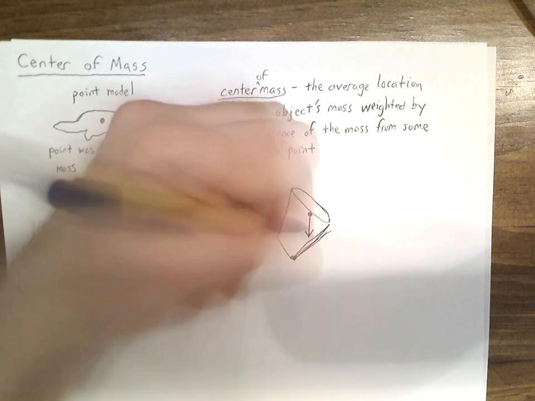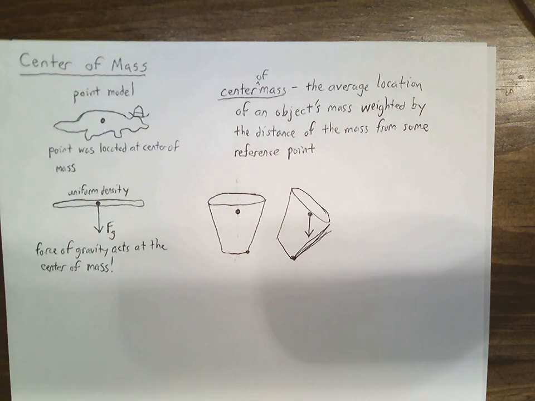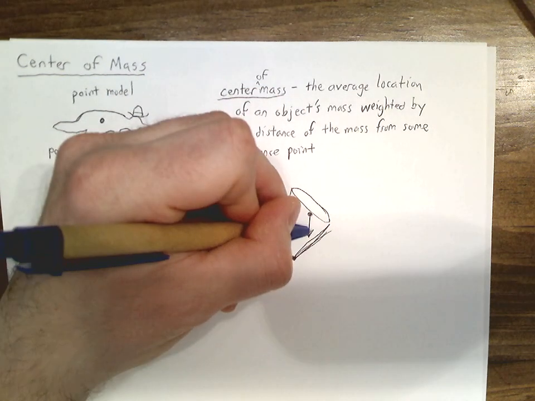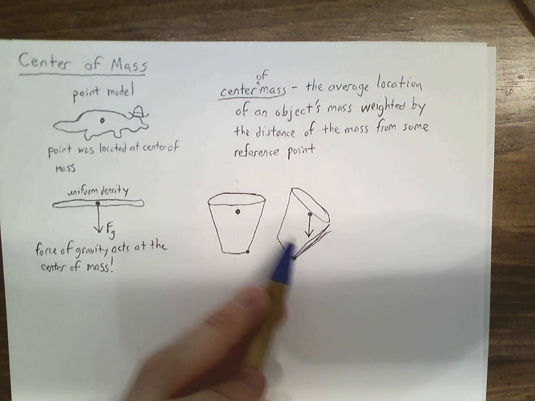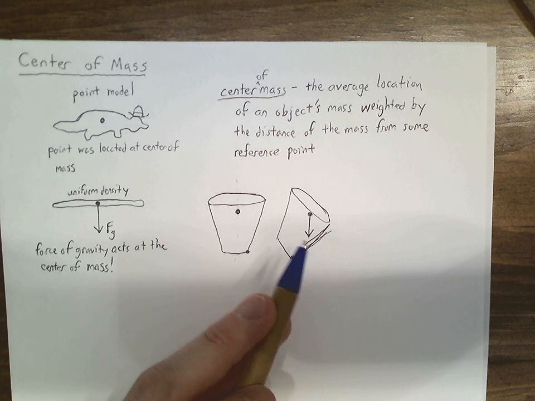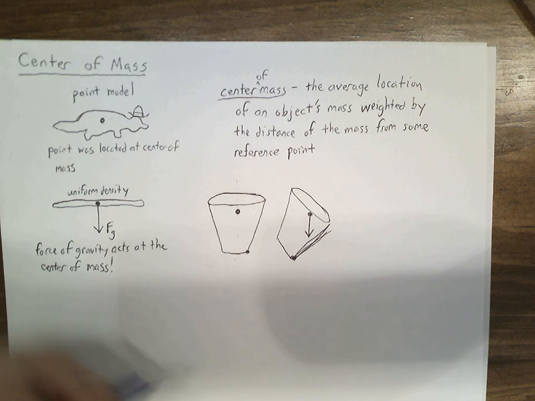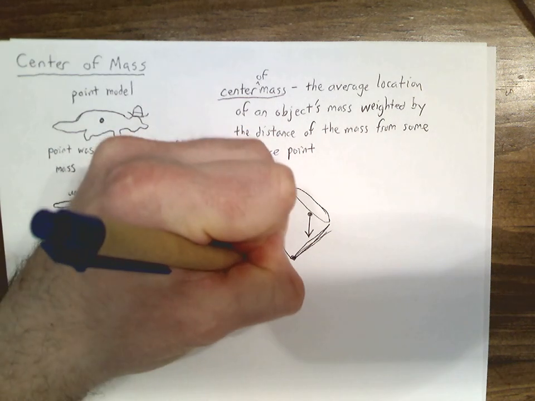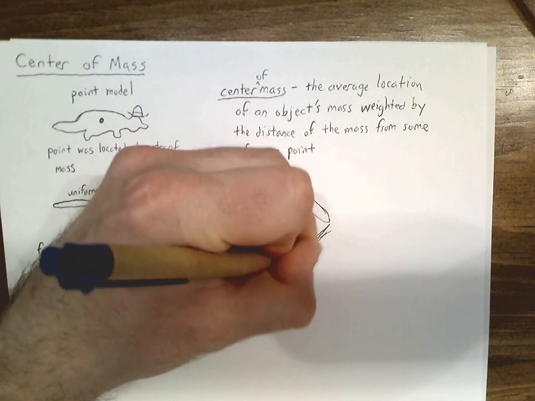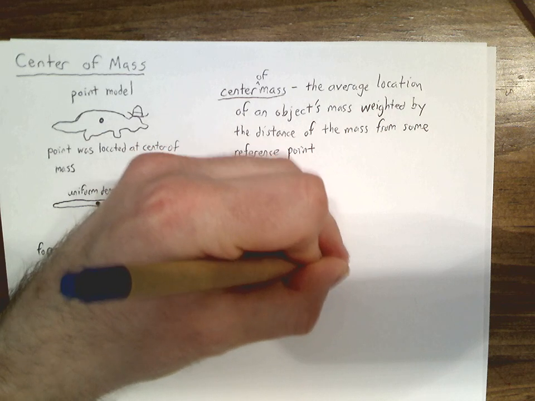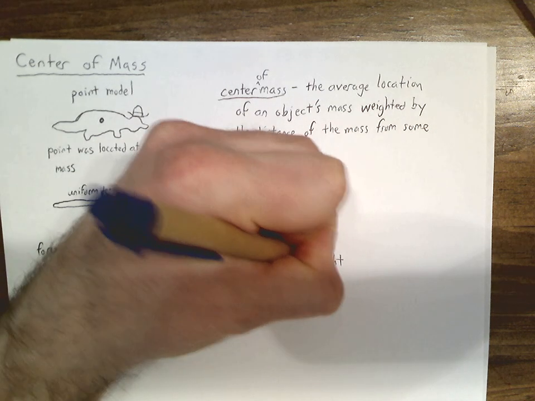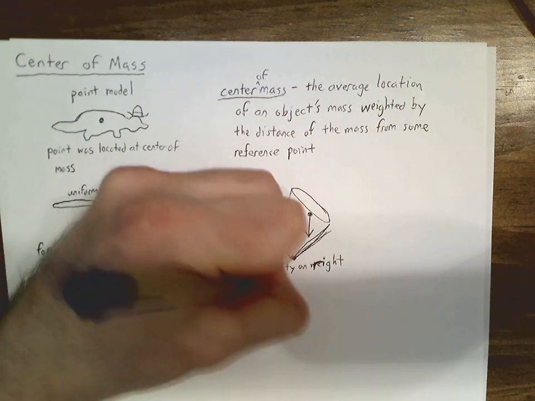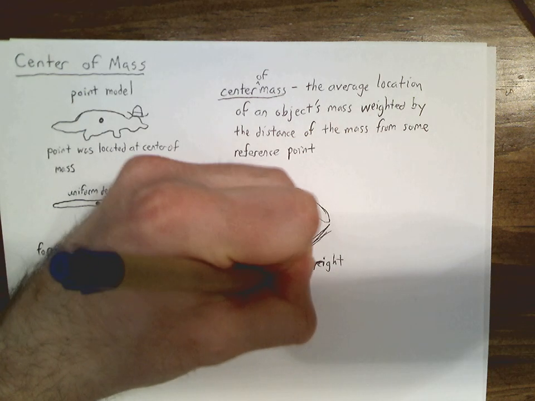So if I draw my force vector down, we're going to see that because this gravitational force is on the right side of the pivot point, that's going to cause this thing to continue moving to the right, and it's going to be more likely to topple over. So gravity on the right, and it will topple under its own weight. Gravity on right, object not stable.